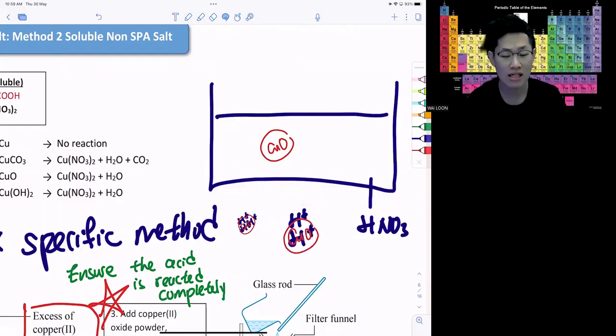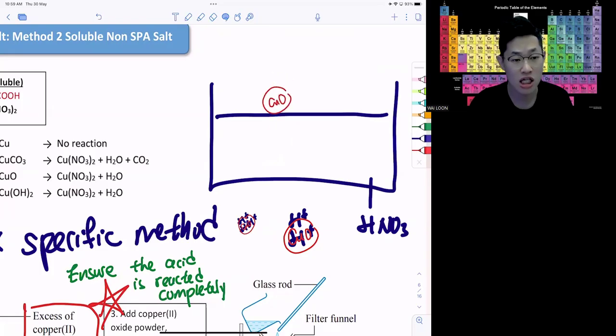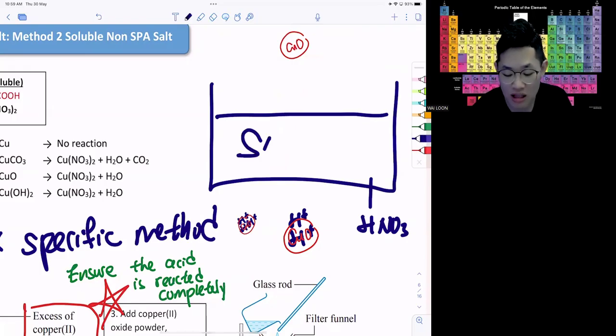So no more acid in the beaker, but I have excess CuO, extra CuO that is not reacted yet. Then how? We can just filter it out because it is a solid. We can filter it out very easily. So inside will be left with salt.